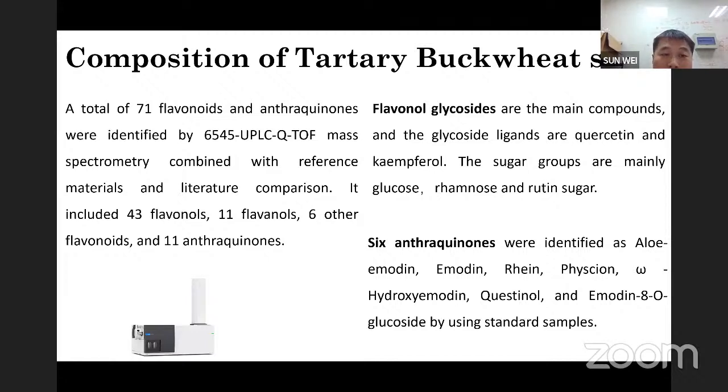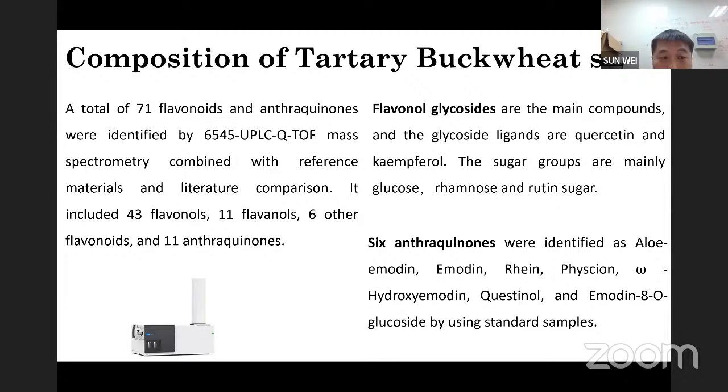The first one, we want to answer this question: what is the composition of the Tartary buckwheat seed? We used UPLC Q-TOF mass spectrometry to help us identify these compounds in the seed. A total of 71 flavonoids and isoquinines were identified by Q-TOF combined with reference materials and literature comparisons.